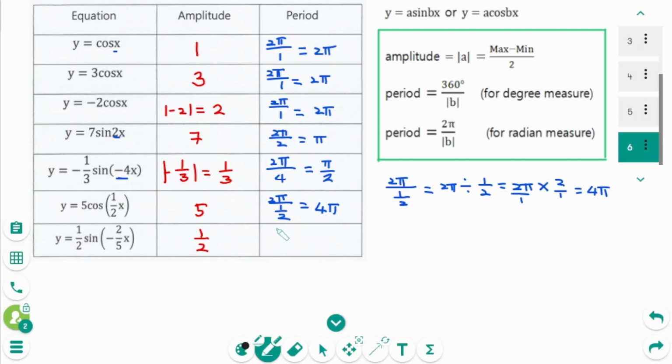And the last one, 2 pi over absolute value of minus 2 over 5, which is 2 over 5. Then 2 pi over 2 over 5 equals 2 pi divided by 2 over 5. Then 2 pi times upside down. Then make the fraction 2 times 1, 2 times 1. The final answer is 5 pi.